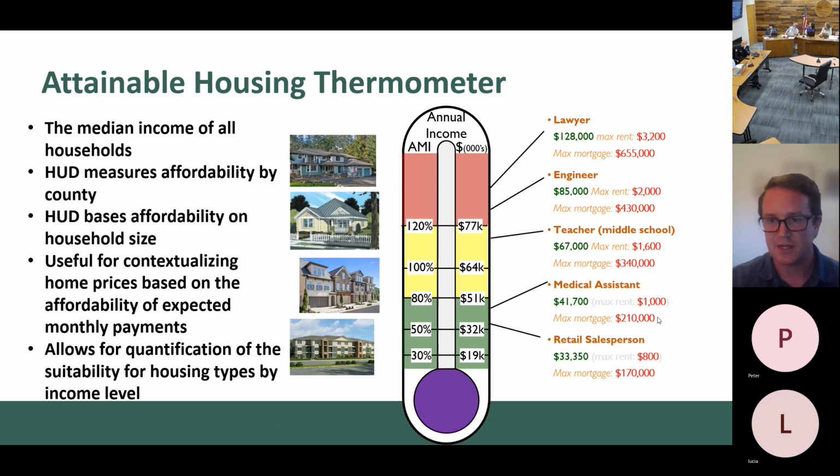So just an average person making retail wages, making about 33 grand, who would be able to afford a rent of about $800. So, based on the data that we've looked at through this process, we're starting to get down there to the point where that's maybe going to be difficult for them to pull together. So it's just something that we like to make sure that decision makers are thinking about, just in terms of housing affordability and what's affordable to the folks who you need working in your community.